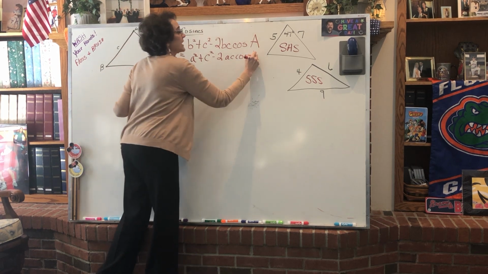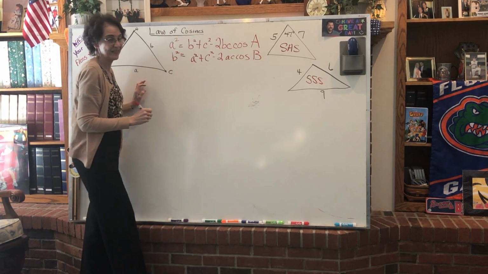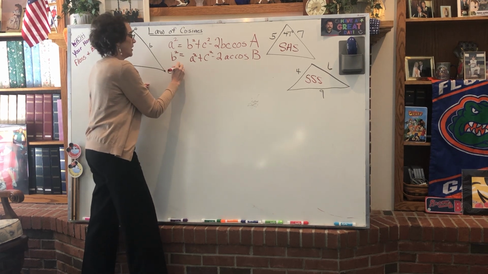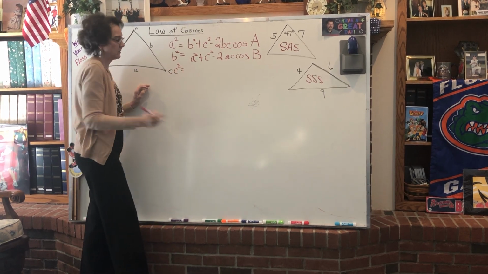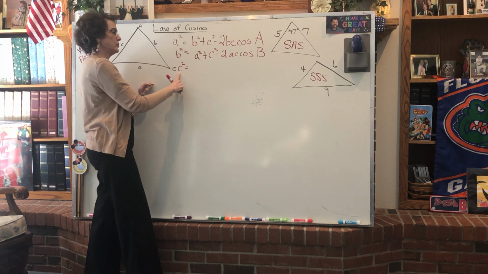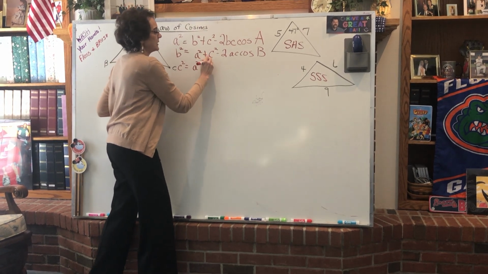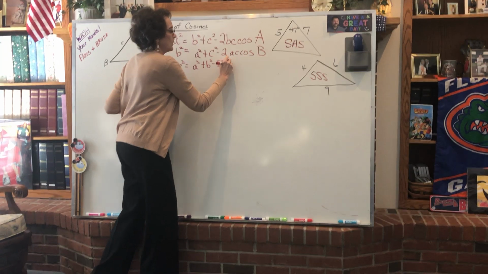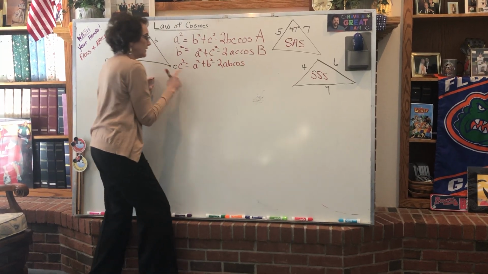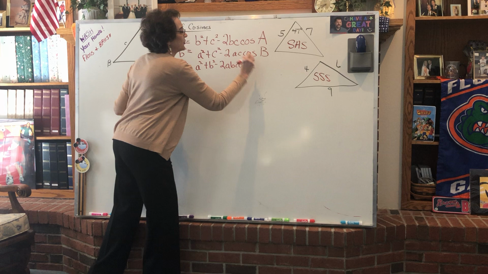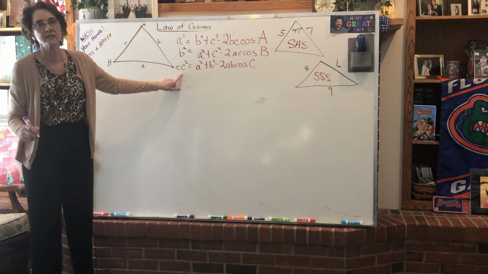B. So this angle B. And then C squared follows the same pattern. So if you have C here, you've got to have A and B here. So A squared plus B squared minus 2AB cosine of angle C, the opposite angle from this side.